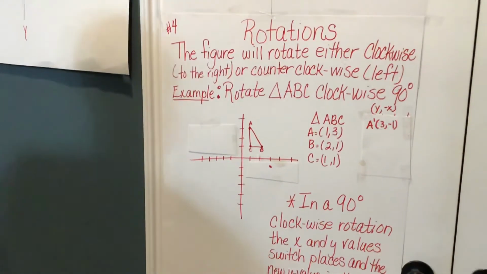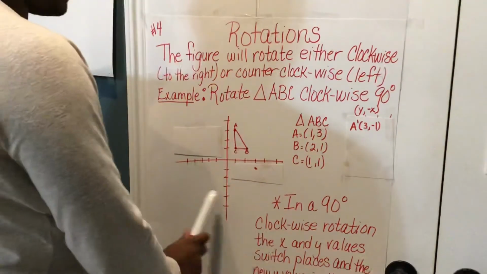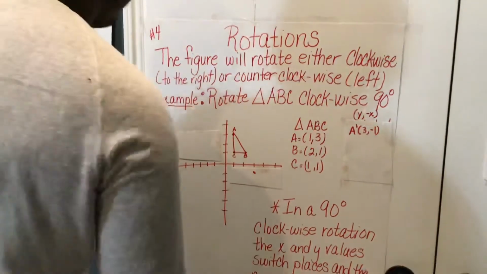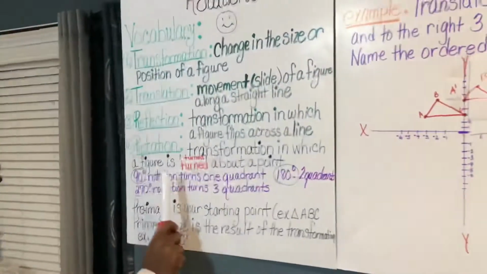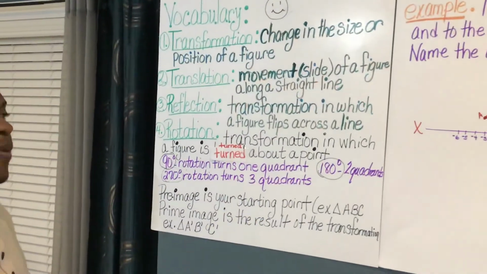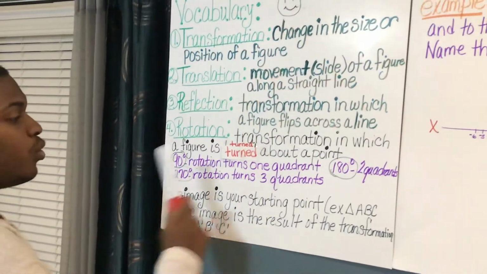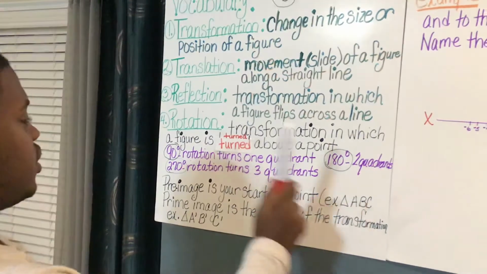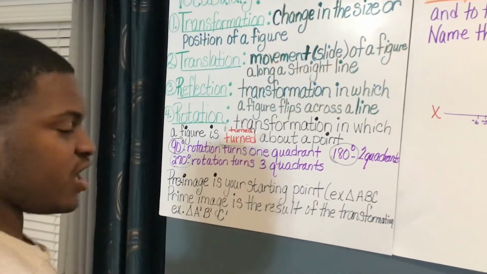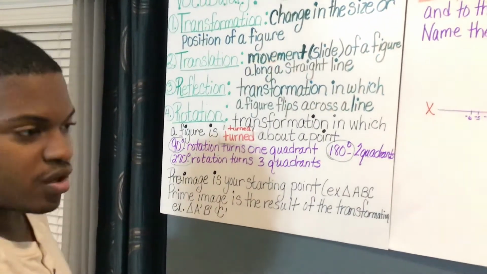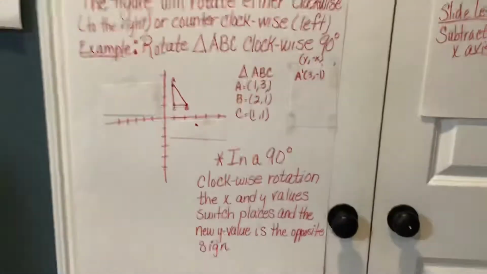Because the quadrants are considered the four squares in a coordinate plane. So when I move back to the directions, a 90-degree rotation turns one quadrant depending on which direction I go. 180 is 2 quadrants, 270 is 3, and 360 is all the way back around. So one quadrant would be that one below. Excellent.